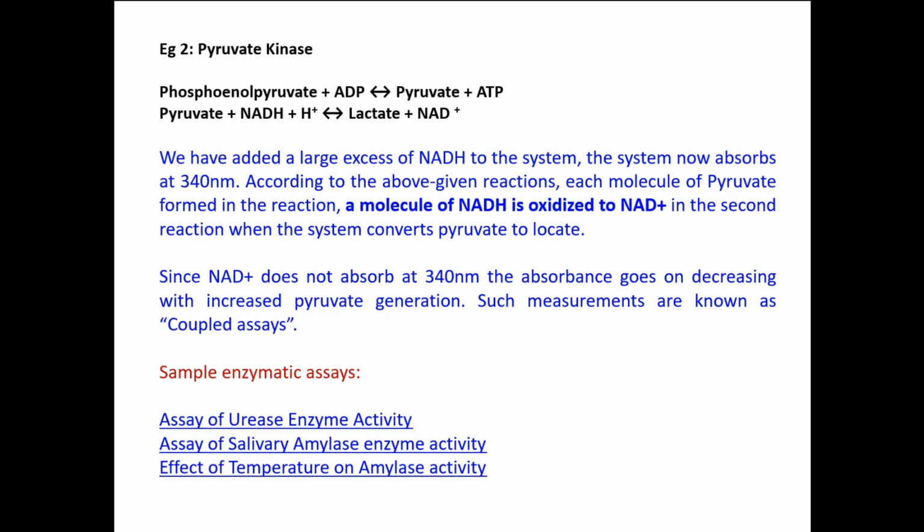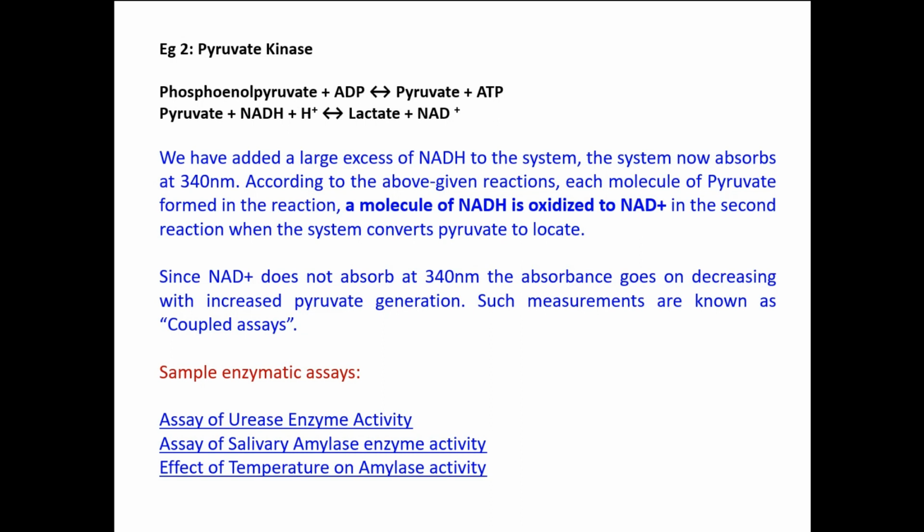in the optical density. In the previous reaction, we started with 0, and every 10 seconds we were getting a reading with increasing optical density. Whereas in this case, we have the maximum optical density at the 0th point, that is 1.5. Then as and when the NADH is converted into NAD plus, and there is a depletion of NADH, automatically the absorption will decrease, because the number of molecules is no longer there.